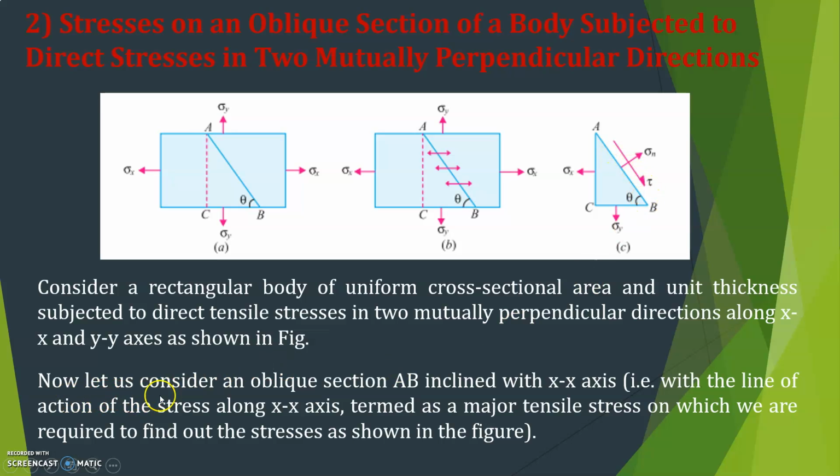Normal stress is developed like this and shear stress is like this. Now let us consider an oblique section AB inclined with the x-axis, that is with the line of action of the stress along x axis, termed as major tensile stress, on which we are required to find out the stresses as shown in the figure.